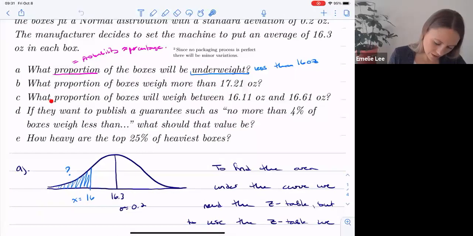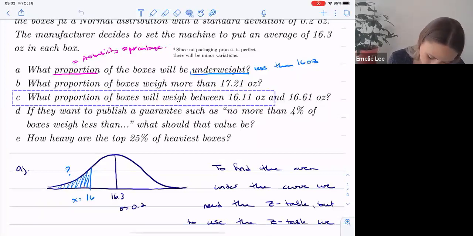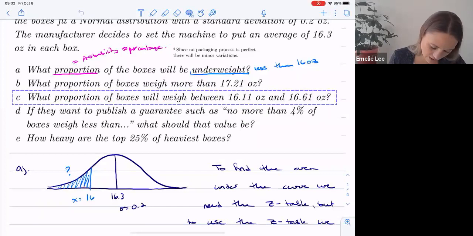Okay, so C, what proportion of boxes weigh between 16.11 ounces and 16.61 ounces? Because I won't remember those values, I'm just going to steal them here and bring them down.